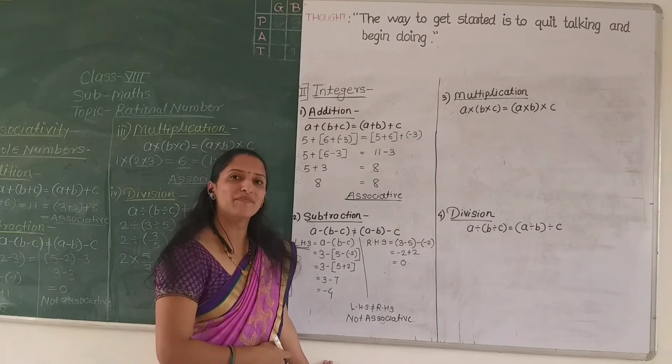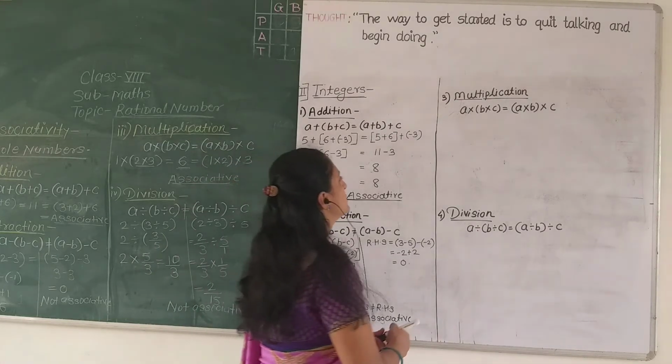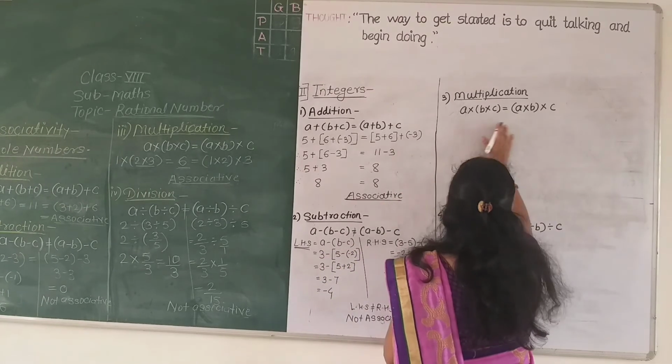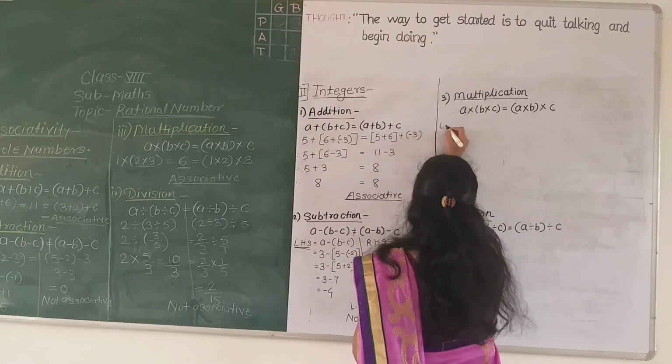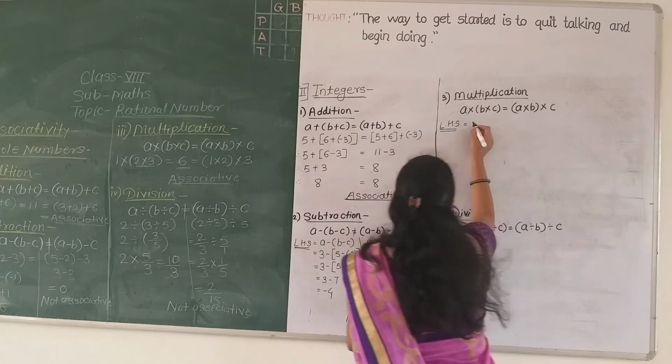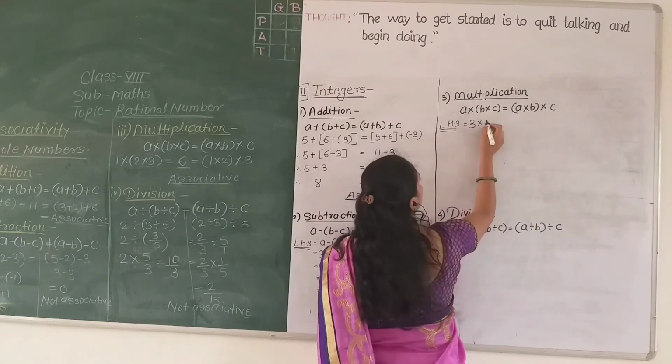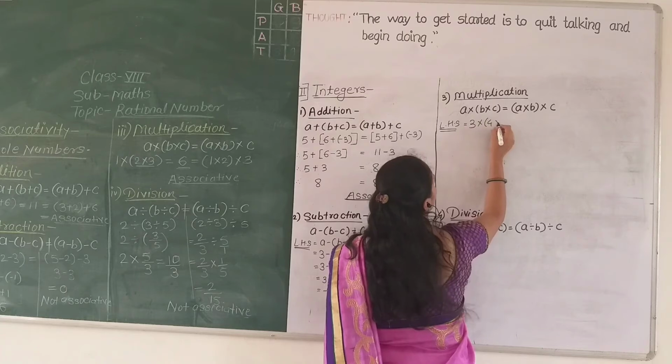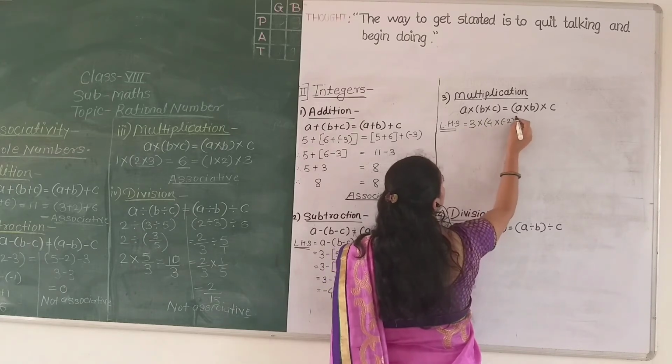Okay, which is multiplication. For multiplication, let us look here. In LHS, 3 into 4 into negative 2.